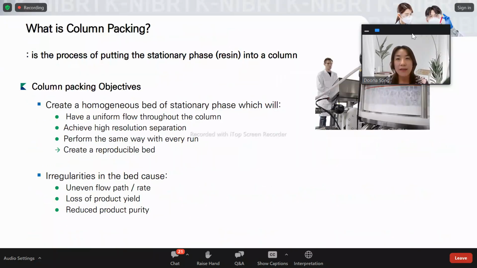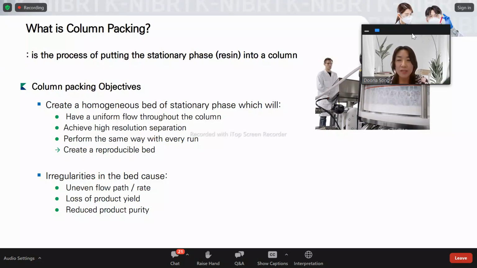So, I have explained the different types of chromatography. To use these types, you will need a column that contains the specific resin. Column packing is the process of filling a chromatography column with the stationary phase resin.